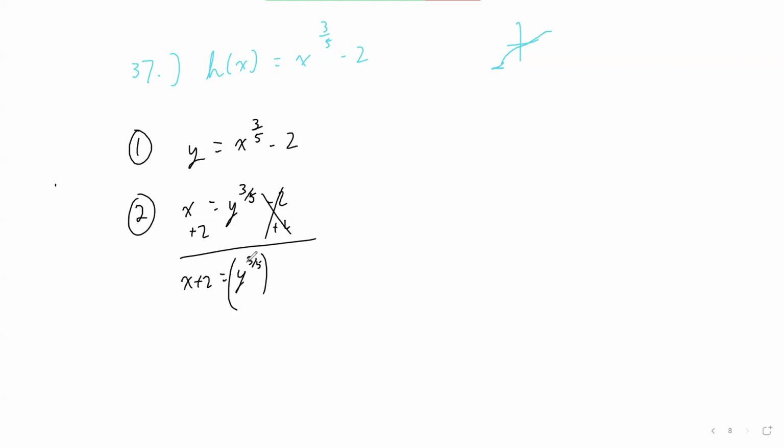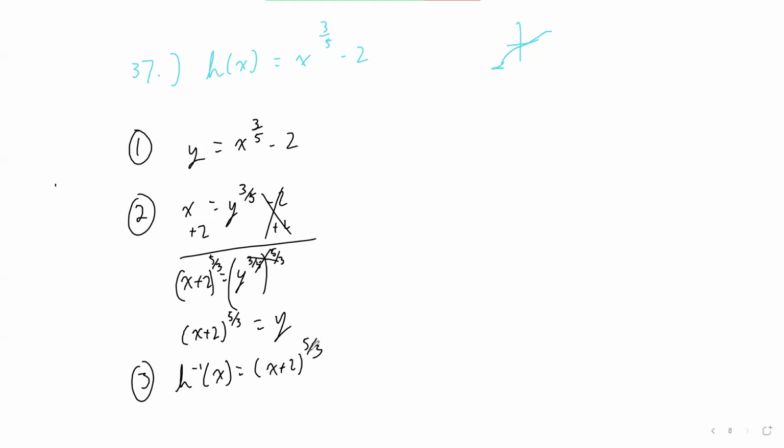So instead of raising it to 3/5, I'm going to raise it to the 5/3. And when I do it to one side, always do it to the other. So I now get x plus 2 raised to the 5/3, and that would equal my y. So then the third thing, I would write my inverse notation equal to x plus 2 raised to the 5/3.